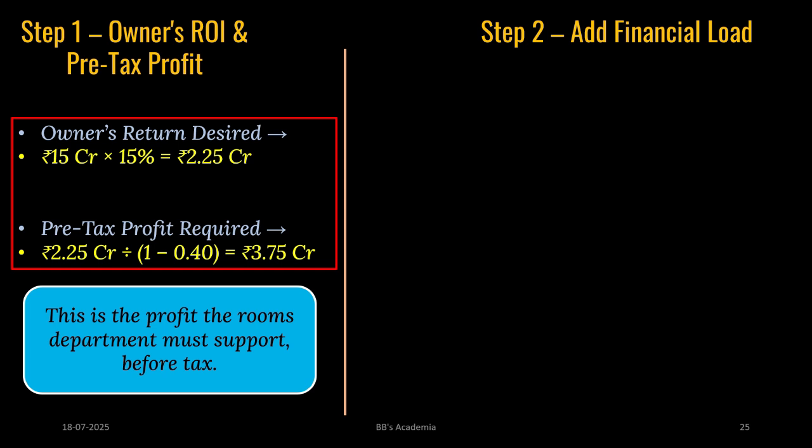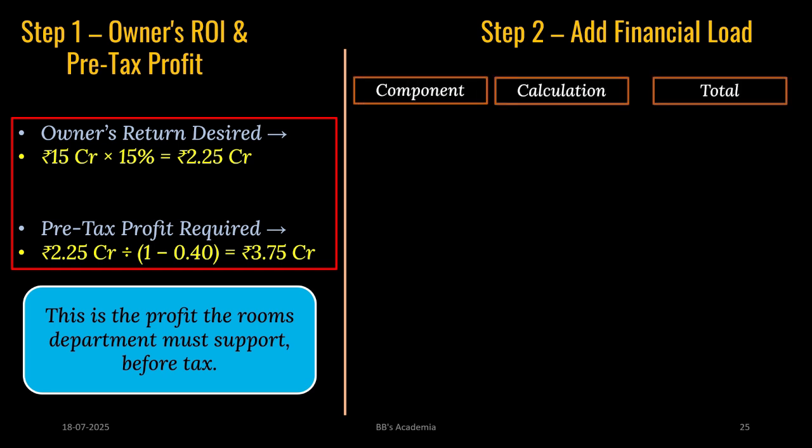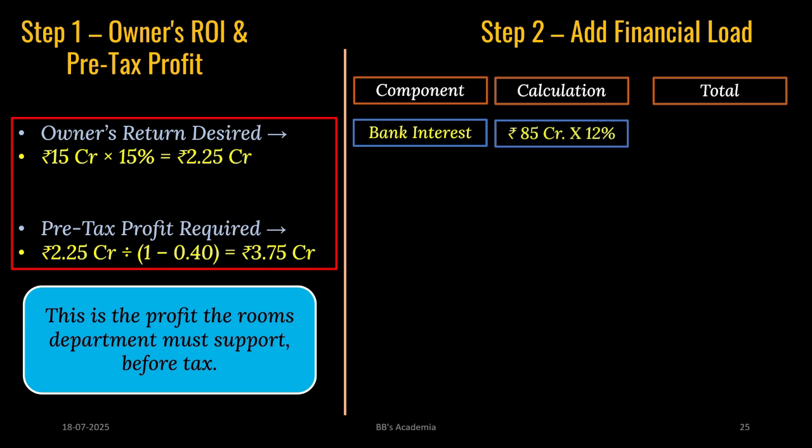Step 2. Here we have to add the other financial load we are having. What are those? If you remember the bank interest, we are getting 85 crores from the bank with 12% interest per annum, and if you calculate, you'll get 10.2 crores to be given to the bank every year. Okay, that is a simple calculation.